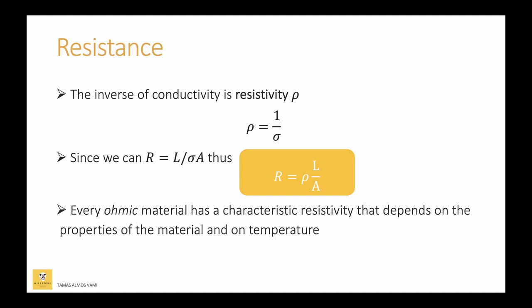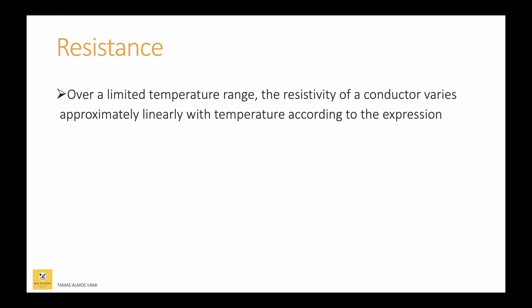So when we have an ohmic material, then they have this property that the resistivity depends on the material and depends on the temperature. There is a temperature range in which the resistivity of the conductor varies approximately linearly with the temperature, and so we can do a Taylor expansion.